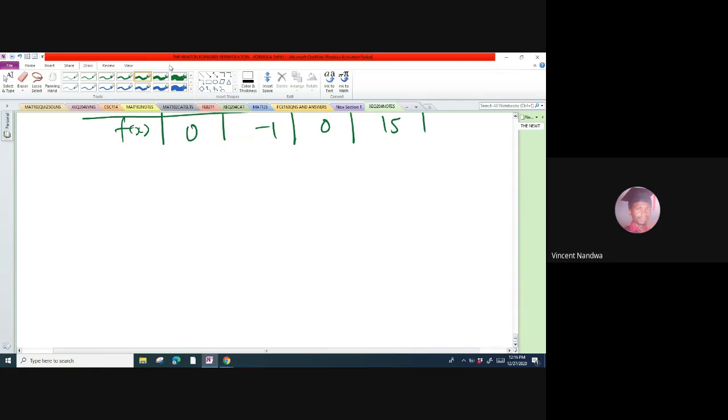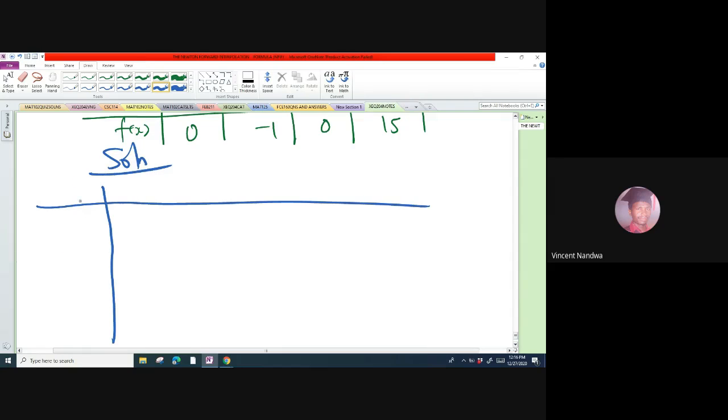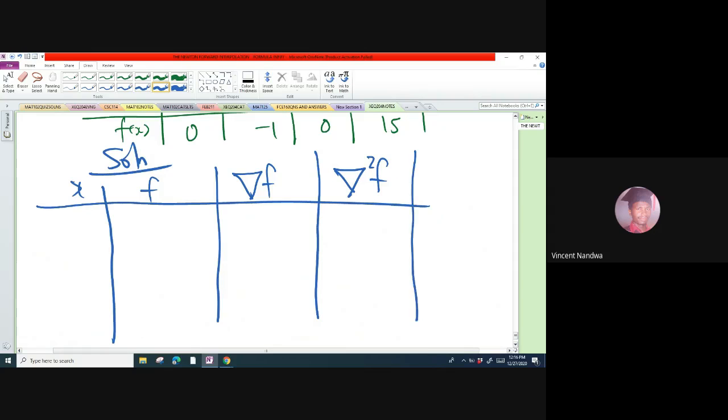Solution. X, F, first backward, second backward, and then third backward. So -1, 0, 1, 2.